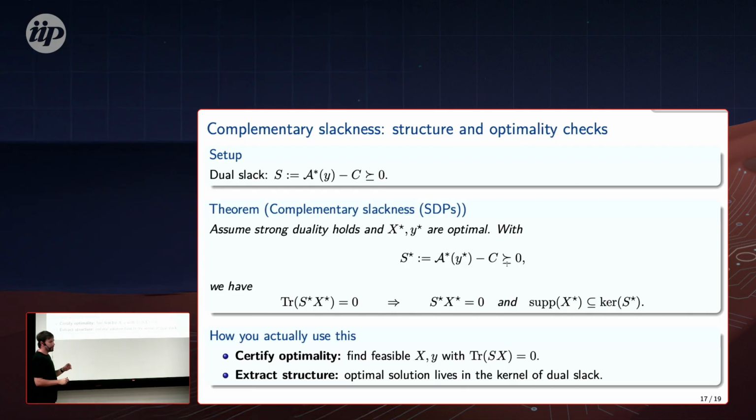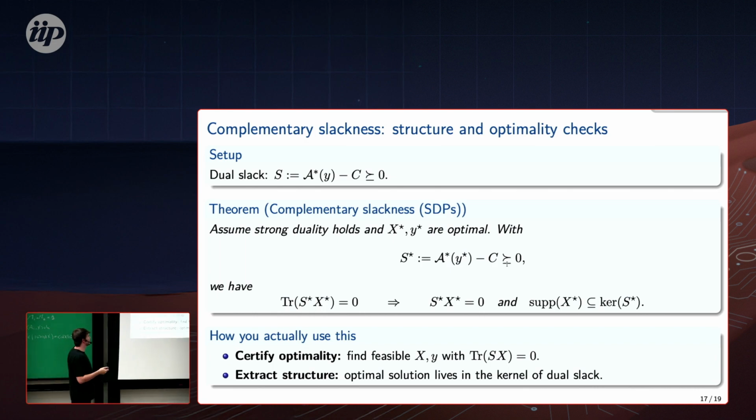Okay, so this still might seem a bit abstract. Tomorrow we're going to see concrete examples of how you use all of this machinery. But the nice point is that if you have strong duality, and so for instance, Slater's condition I just showed holds, and you have your optimal points, then you have this thing. Oh dear, I realize I have not defined what A is. I'm very sorry.